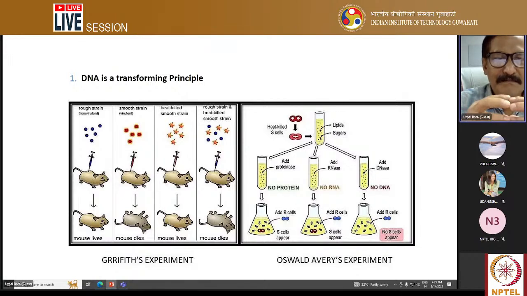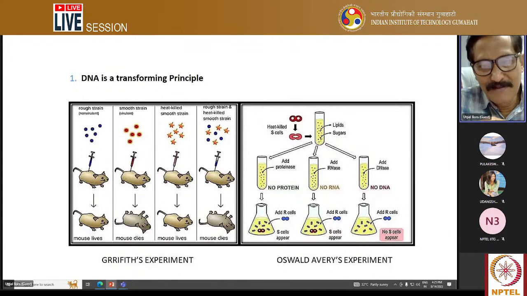Both strains, when injected separately, are harmless. They cannot kill the mice. But something interesting happens when both are mixed together. The heat-killed smooth strain and the rough strain are mixed together. They should ideally not have killed the mice, but Griffith observed that the mice die.